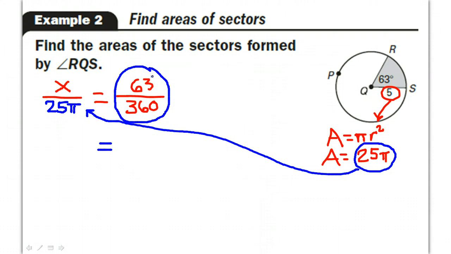I usually reduce this if I can. Put this in your calculator and reduce. 7 over 40? Okay, so everybody always do that. Always reduce that fraction right away. So 7 over 40 equals x over 25 pi.